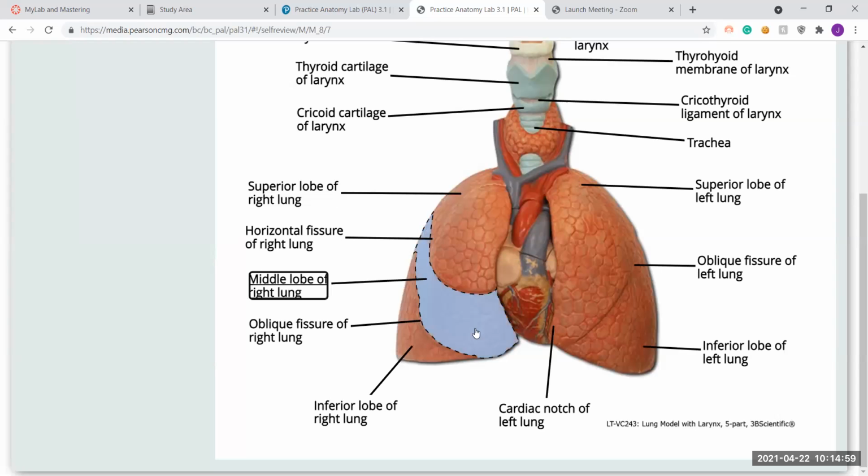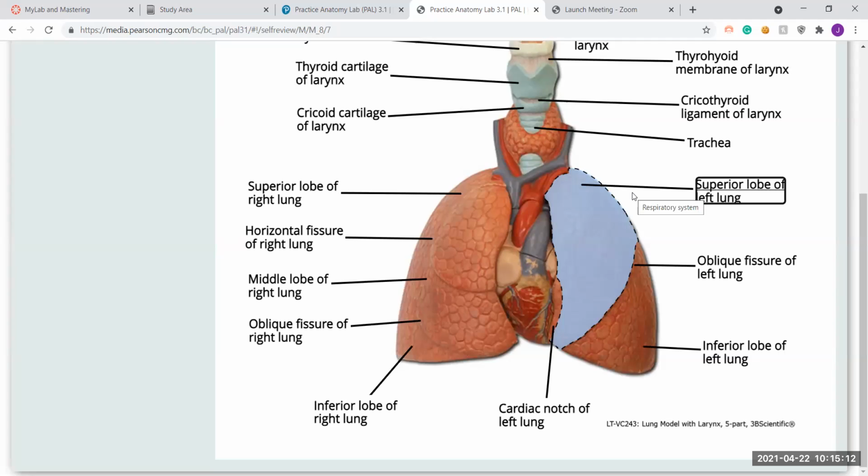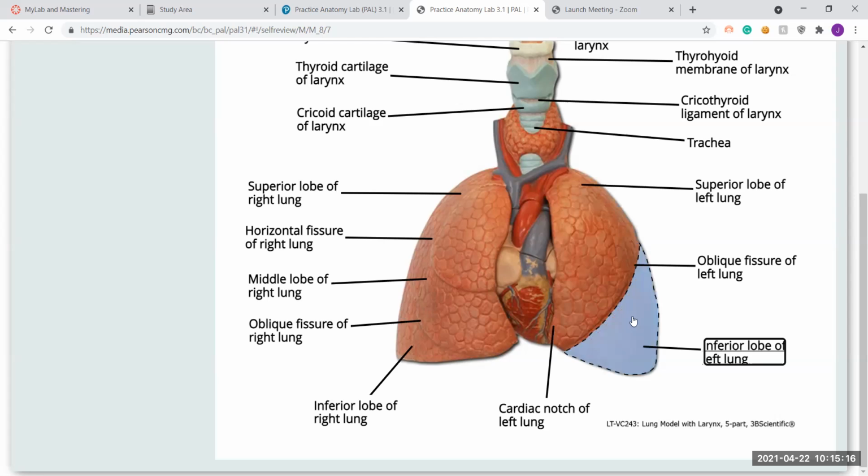Superior lobe is separated from middle lobe by the horizontal fissure, and middle lobe is separated from inferior lobe by the oblique fissure of the right lung. But on the left side, you have only two lobes of the lung: the superior lobe and inferior lobe, which are separated from each other by the oblique fissure of the left lung.